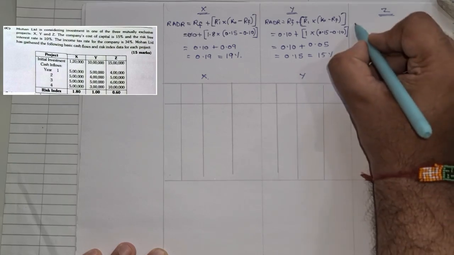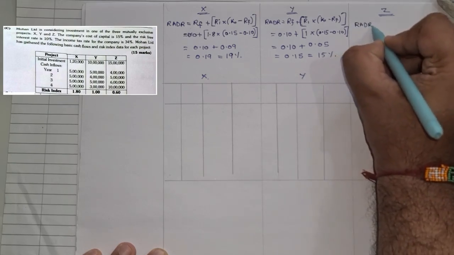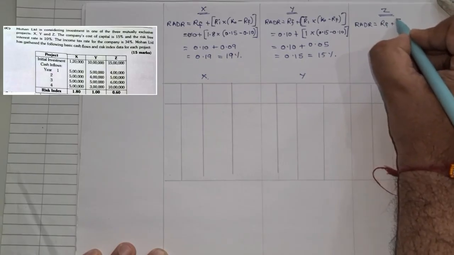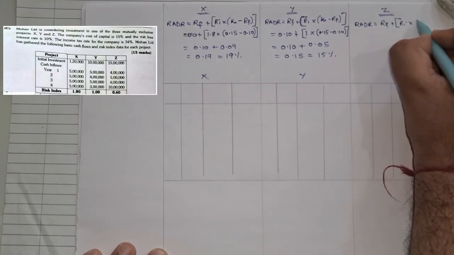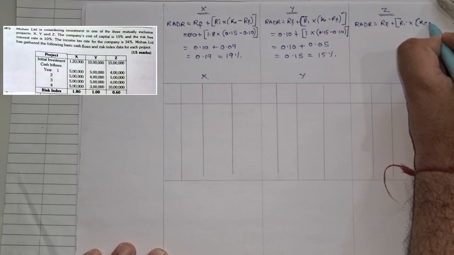And in the same way for Z, r is equal to rf plus ri into cost of capital minus rf.